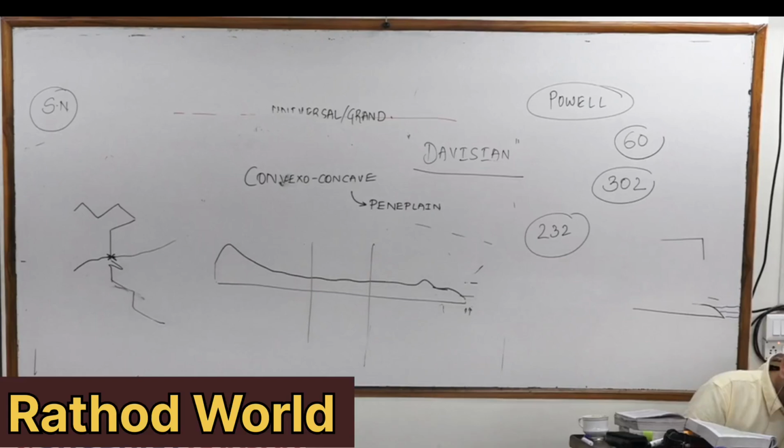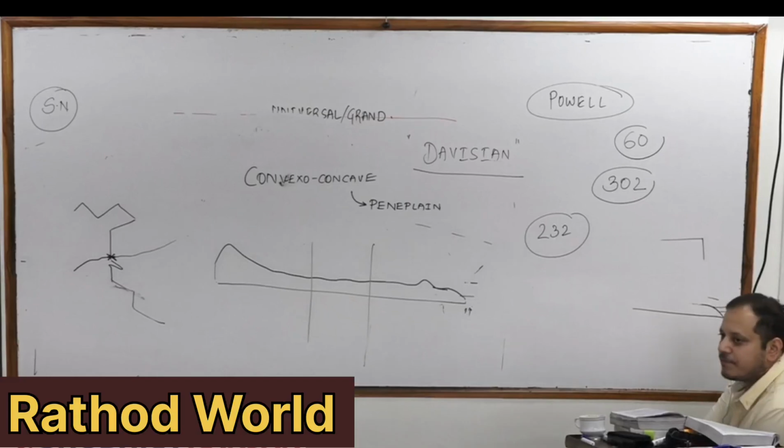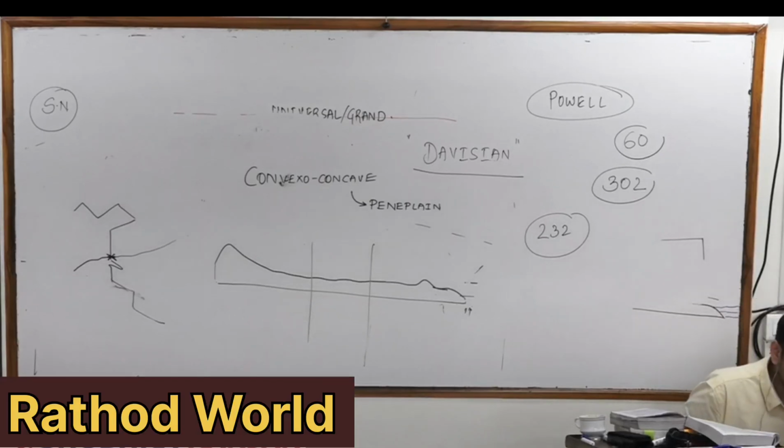Dynamic interaction of structure, process and time. That is, a landform is an outcome of structure, process and time. Next point. Structure. Next paragraph.